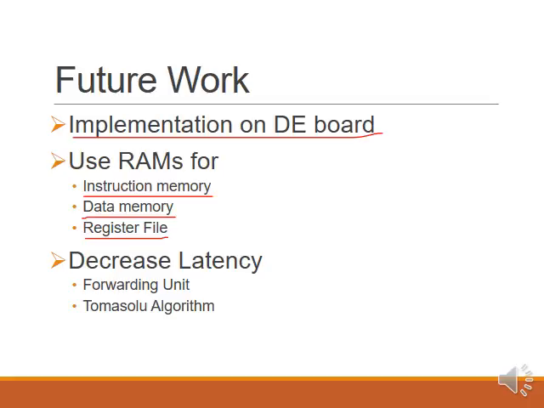And latency can be decreased by using a forwarding unit in order to compensate for stall cycles, and one can also use the Tomasulo algorithm for dynamic hardware scheduling that may also improve performance. So this work I will be doing in future on this project.